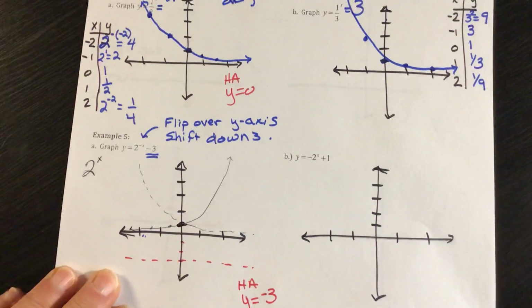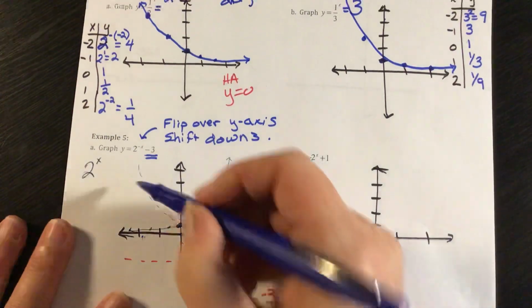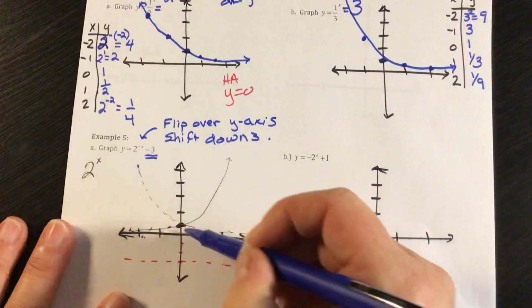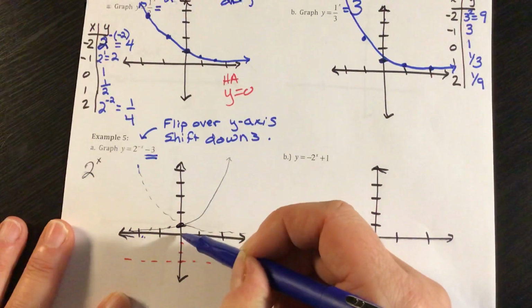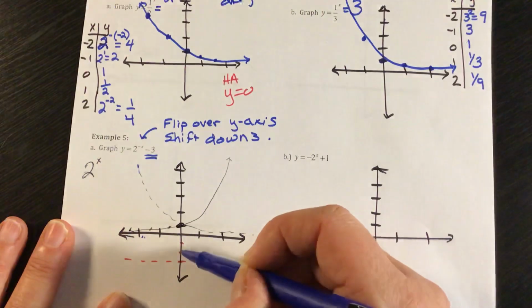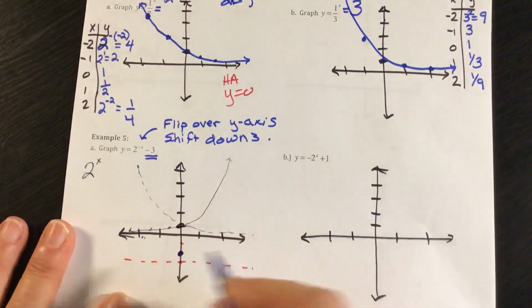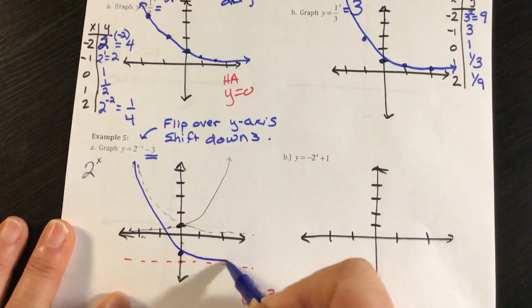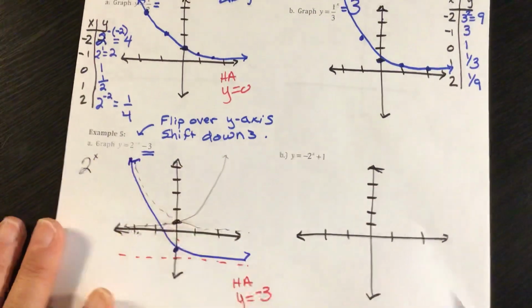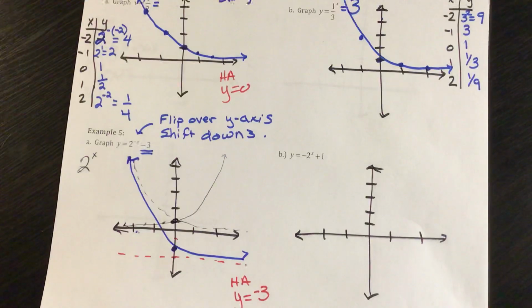So this graph is going to actually look like this right here shifted down 3 units. So I can bring this point down 1, 2, 3 units. And everything else is just going to shift down, right?